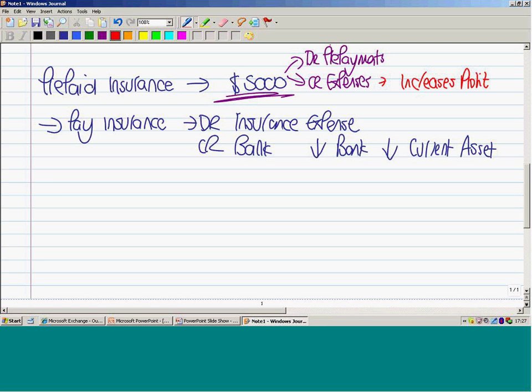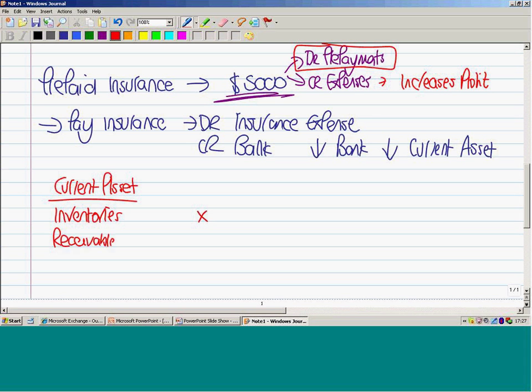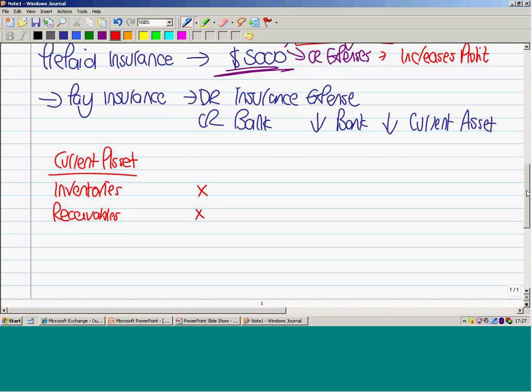But what we are doing here is we are debiting the prepayments. If we think about the current assets that are sat in the financial position, so this is me doing a bit of an extract. You've got your inventories, your trade receivables, this basic one.